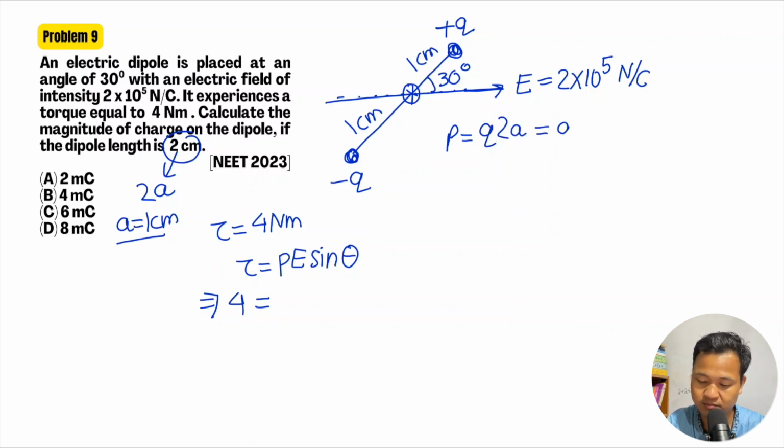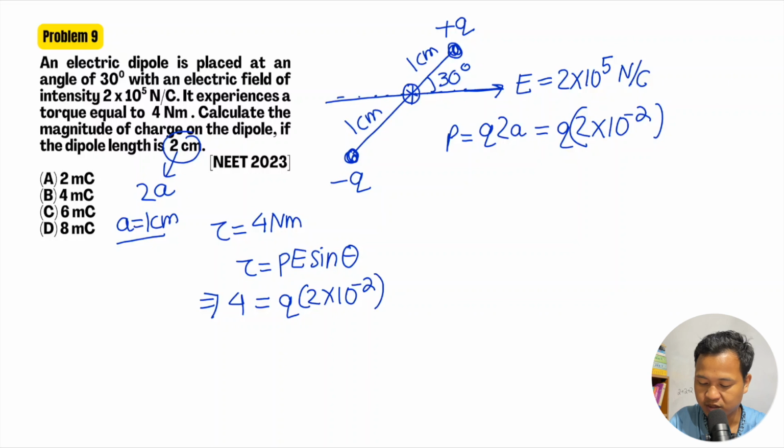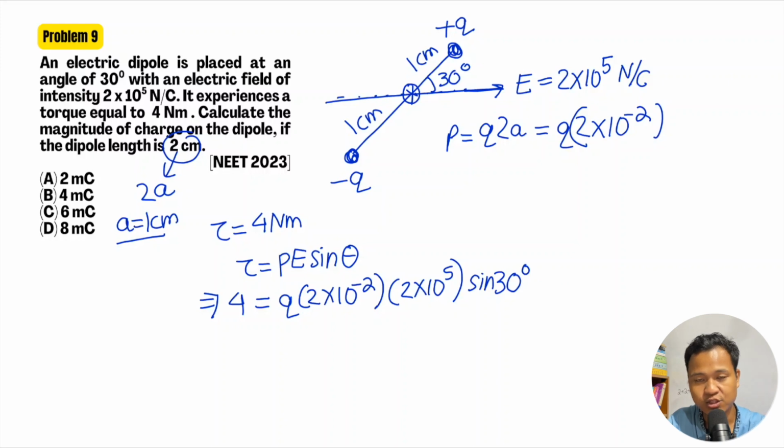The distance between them is 2 centimeter, so 2 into 10 power minus 2. So Q into 2 into 10 power minus 2, into the electric field E, 2 into 10 power 5, into sine 30. Theta is the angle between the dipole and the electric field.